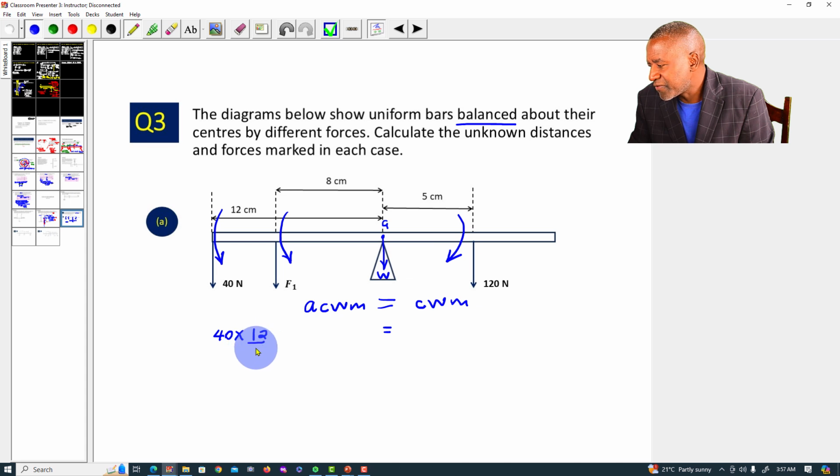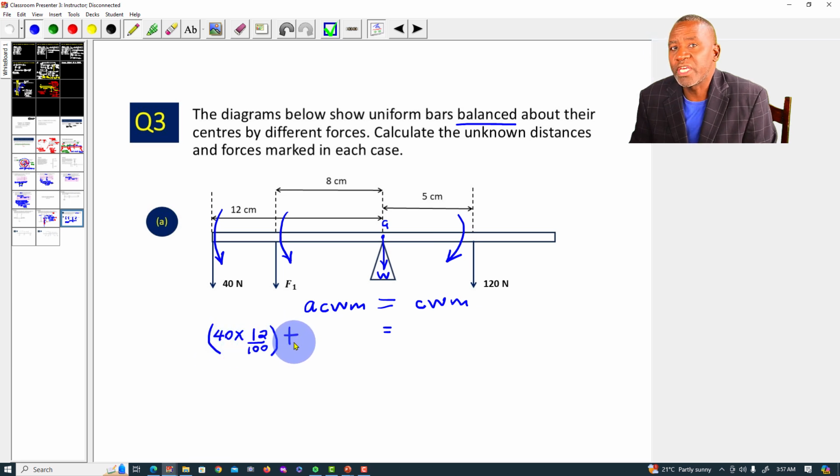Of course, that 12 centimeters I can divide by 100 to convert into meters. But we're going to see that that is not necessary, just like we saw in the other video. The other anti-clockwise moment is due to F1 times how far it is from the turning point.